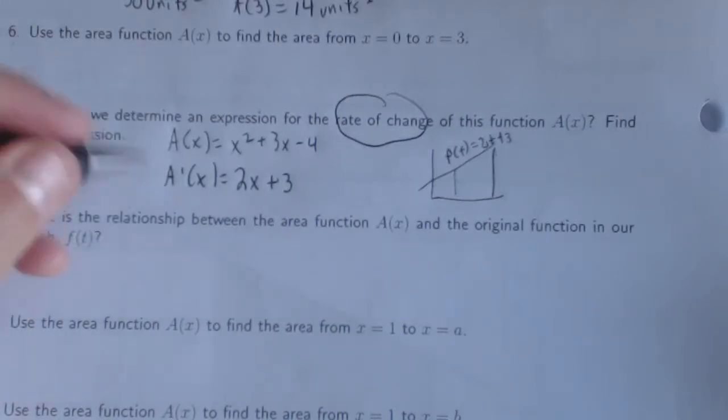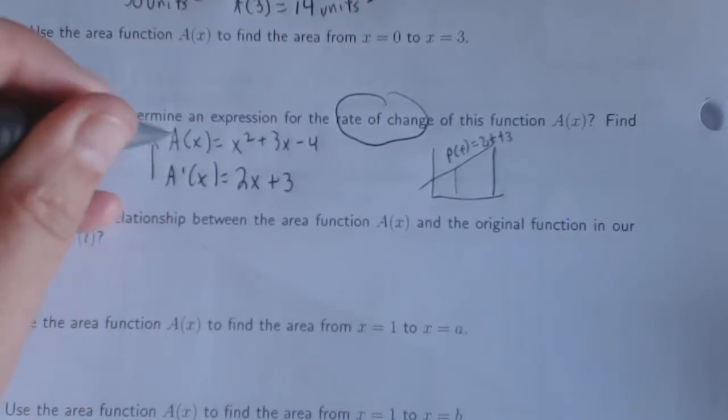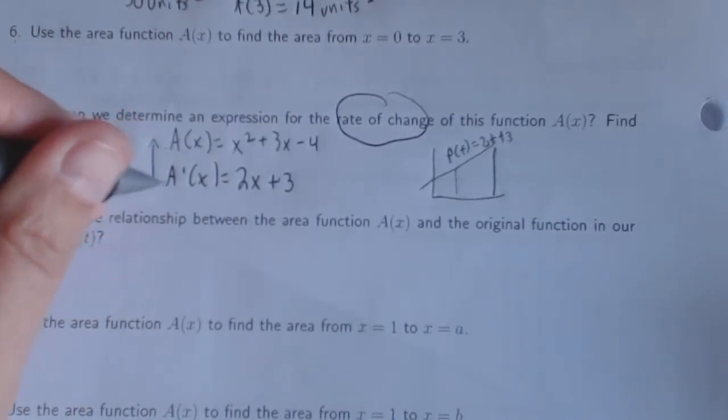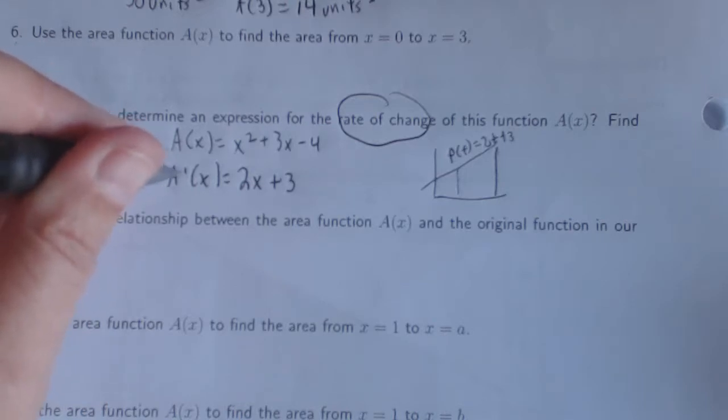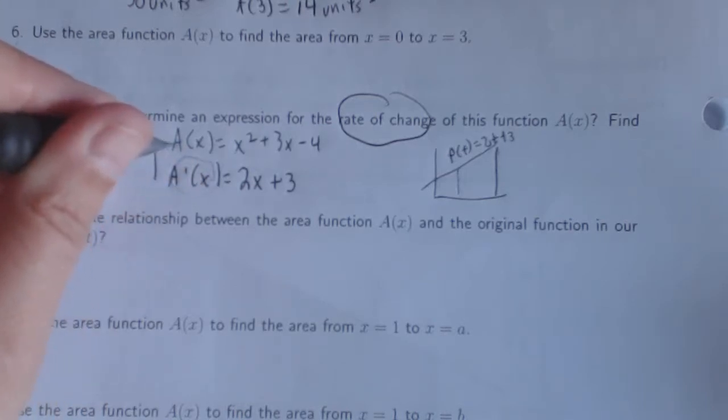So if we go this way, if we call this area function the area and this A prime of x, that's the derivative. Well, if we go this way and call this the function, then this area function is the antiderivative.